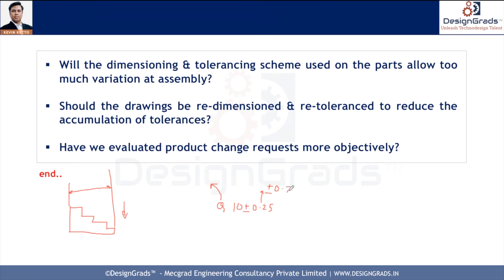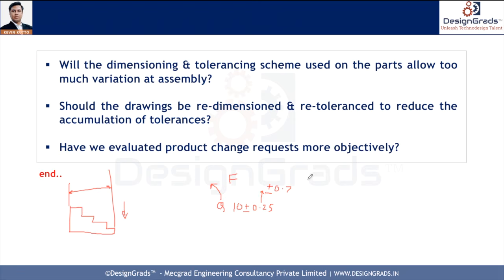Now how will you decide whether you are going to make this change or not? If you already have a tolerance stack-up analysis, you can very easily plug in this new tolerance instead of the old tolerance and check the impact on your function and the result of the stack-up. If it is still meeting the function, then it is an opportunity for you to accommodate this change into your drawing. So these are some of the top advantages of stack-up analysis.